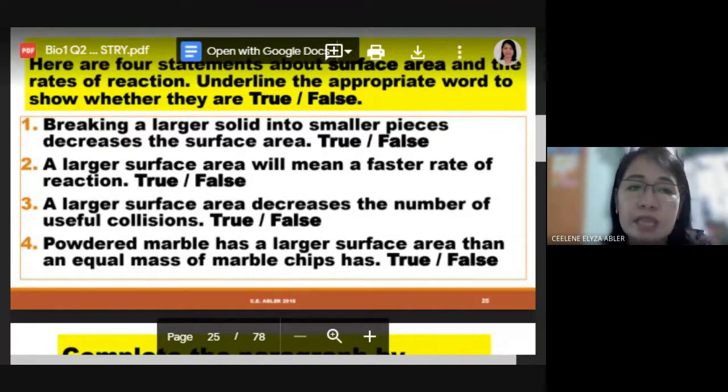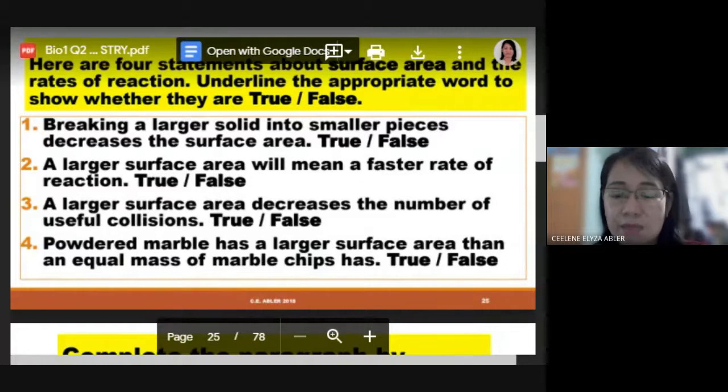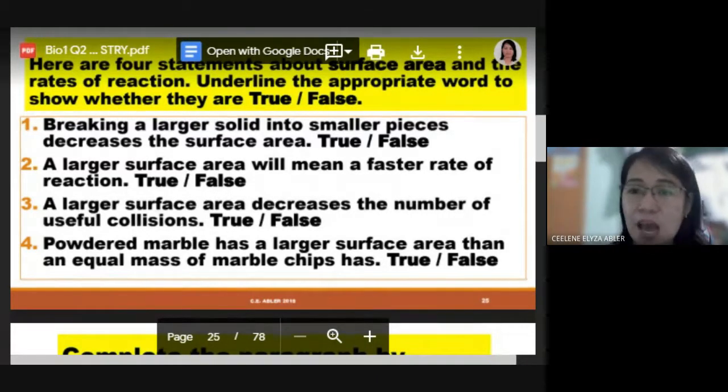So a larger surface area, meaning the broken down pieces of the food that we eat, increases the useful collisions. Okay, so the answer for that is false.